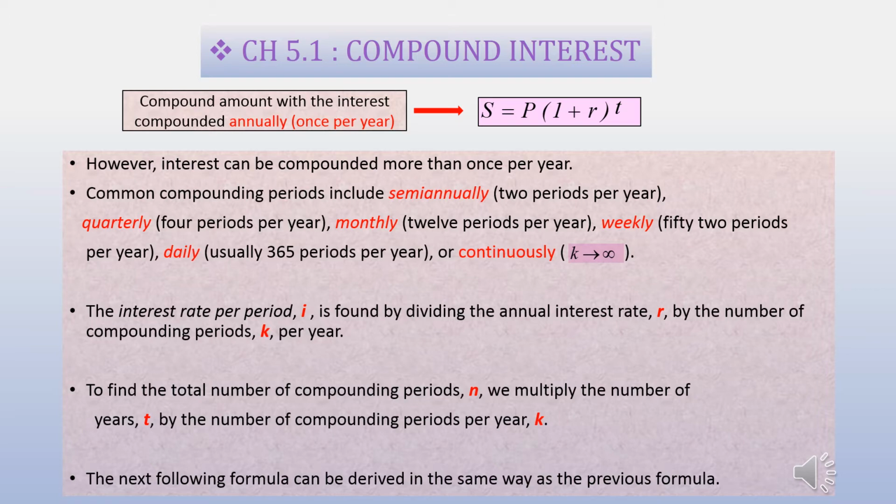The following formula can be derived in the same way as the previous formula. So we substitute the value of R with I, where I is equal to R over K, and N is equal to KT.